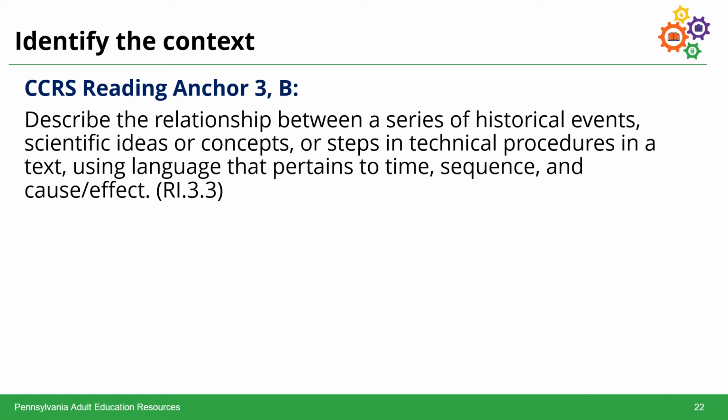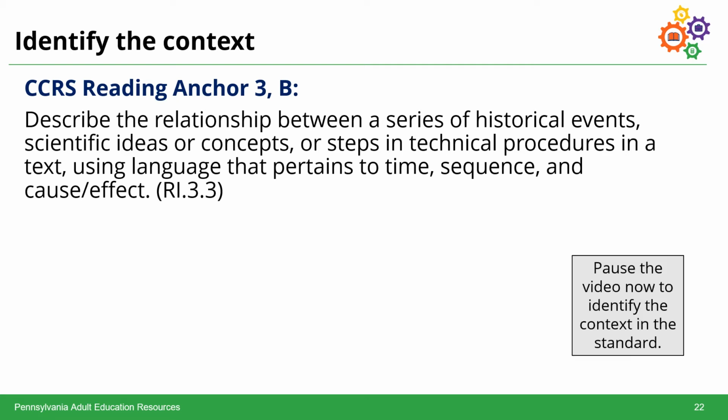If you're struggling to identify the context, ask yourself in which context students are required to use the standard's skills and concepts. Take a moment to pause the recording and write your answers in column 4.